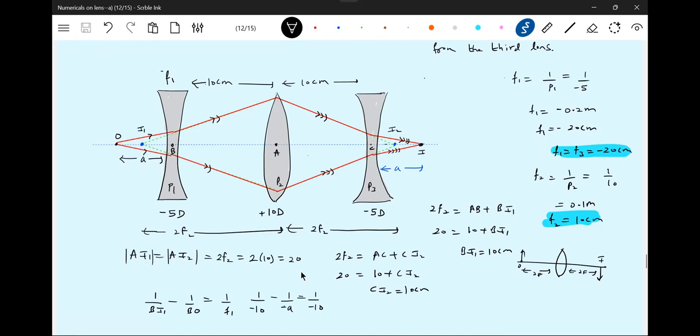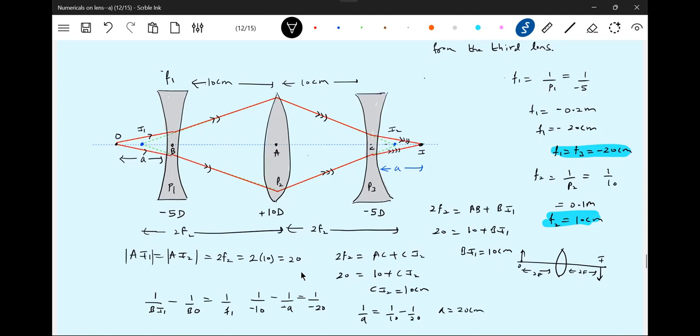Diverging lens, so this is also negative, negative, positive. Concave lens, focal length 20. Yes, F1 is 20. So how much will come now? 1 by A is equal to 20 minus 10, which is 10 by 200.